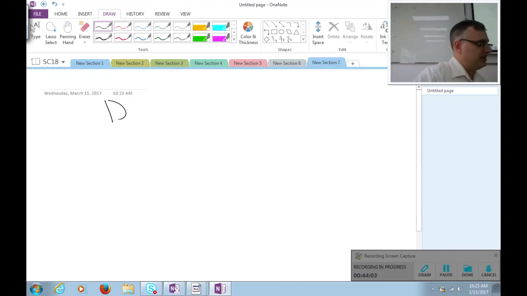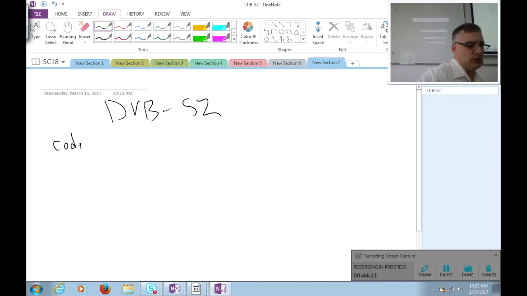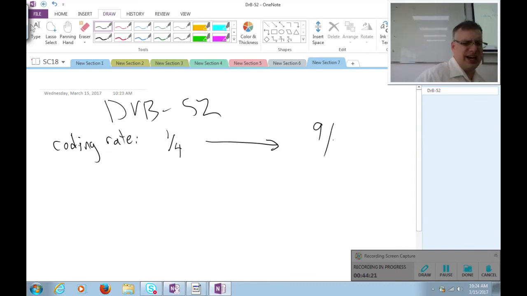So when we go to the DVB-S2 standard, there's actually a whole range of codes starting from 1/4 all the way to 9/10 that you can specify.